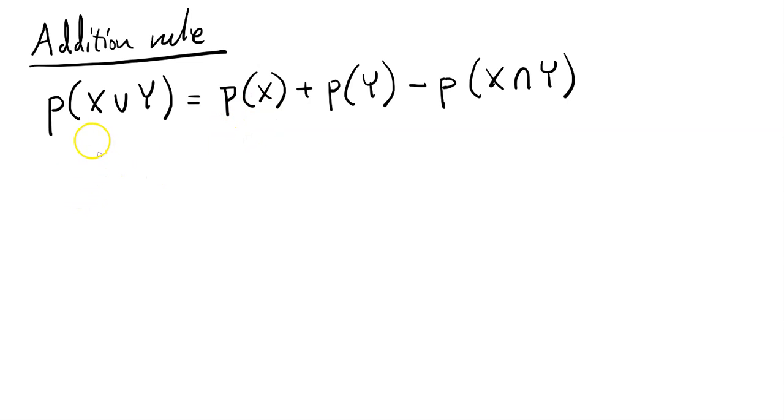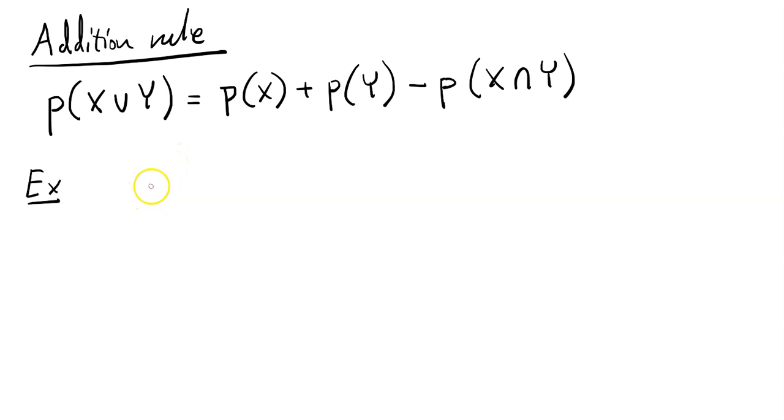For example, what's the probability that the die is even or the die is 5 or 6? Then we could calculate it using this formula. Let's take a concrete example here. We'll soon show how you can prove this formula.